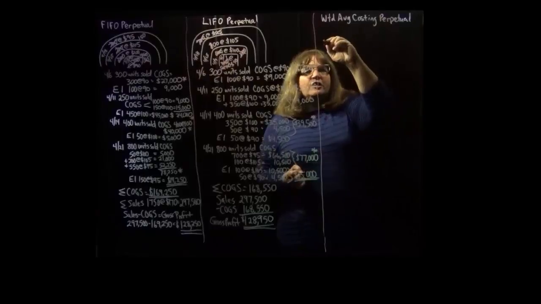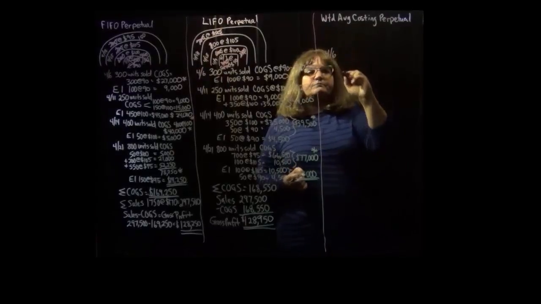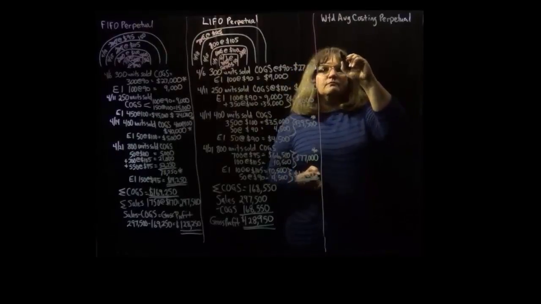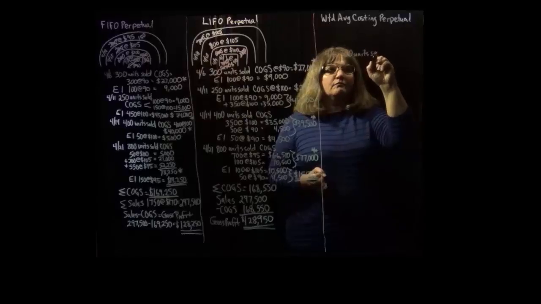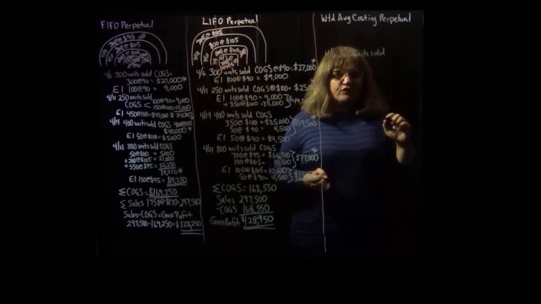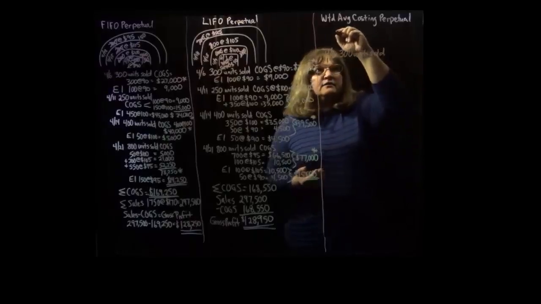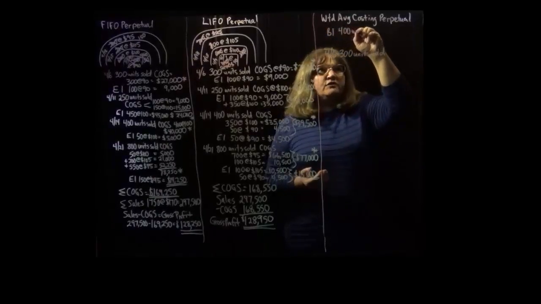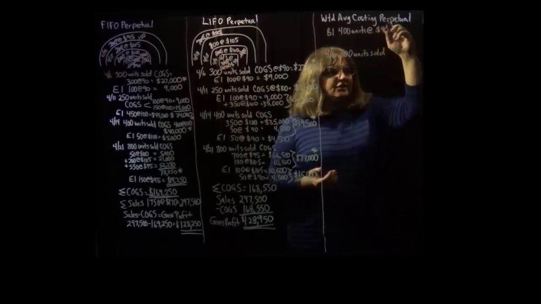So when we make our April 6th sale, we're going to look at what average cost those units had. And as with the other cases, we only had the beginning inventory of 400 units at $90 each.